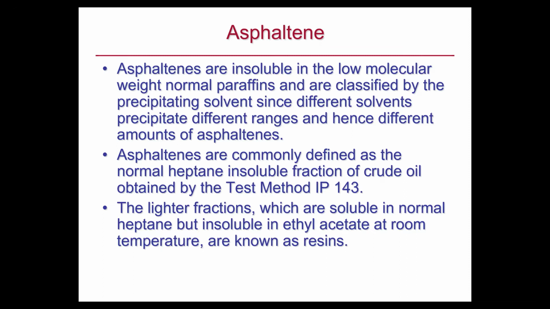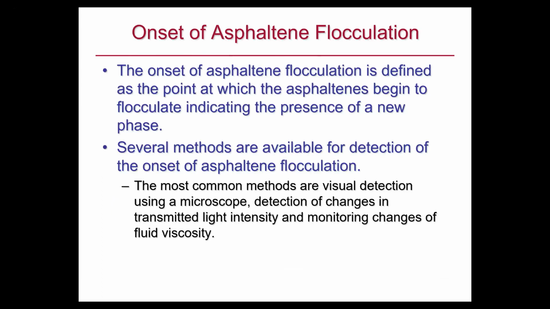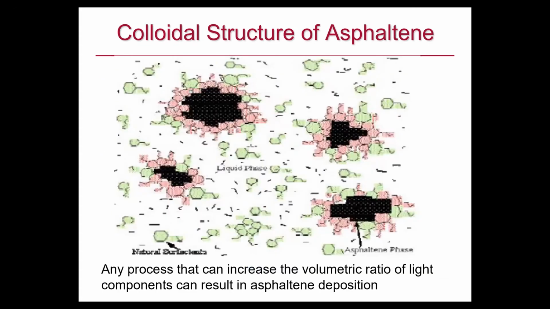But in general, resin and asphaltene keep the fluid together. You see here, this is an asphaltene particle, and these are resin particles. Another asphaltene is here, and this is the hydrocarbon.